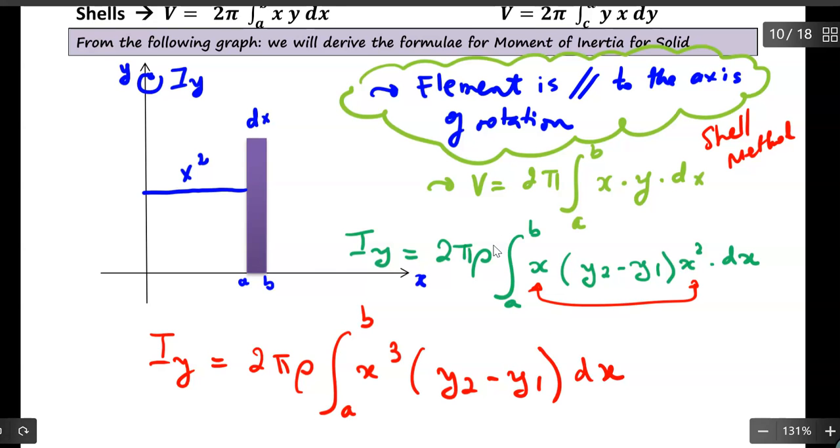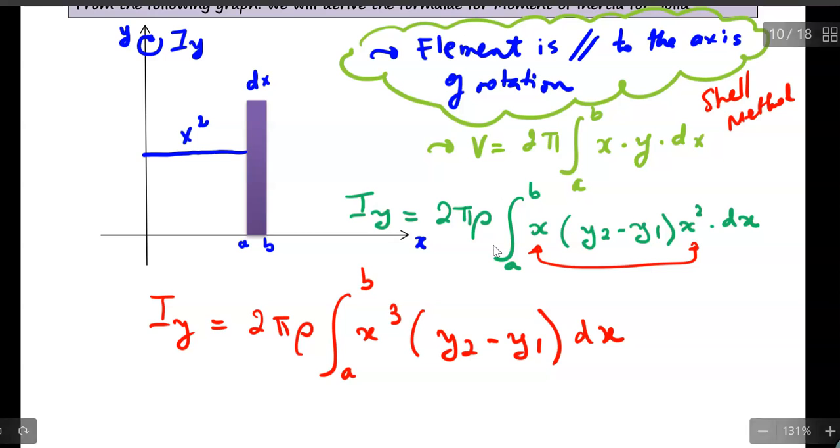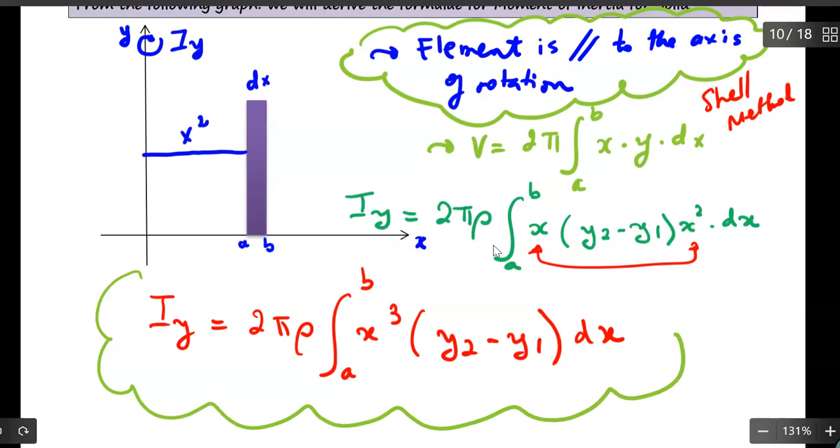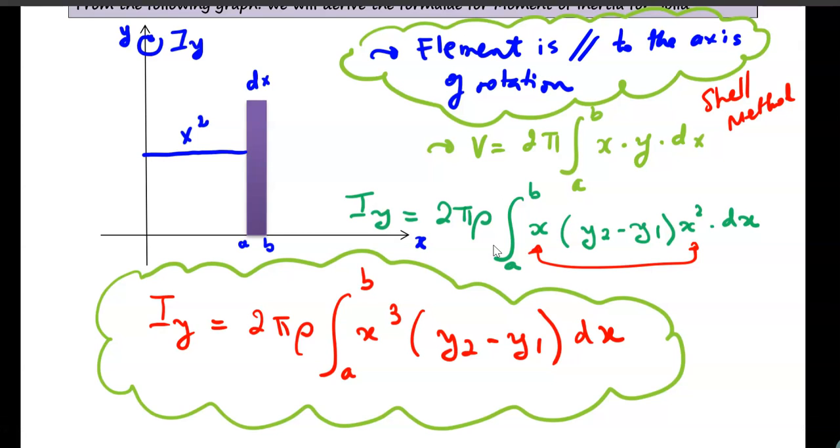And don't forget, y2 is your upper function and y1 is your lower function, and you can identify your upper and your lower function by shading the area and keeping your eyes within that area.